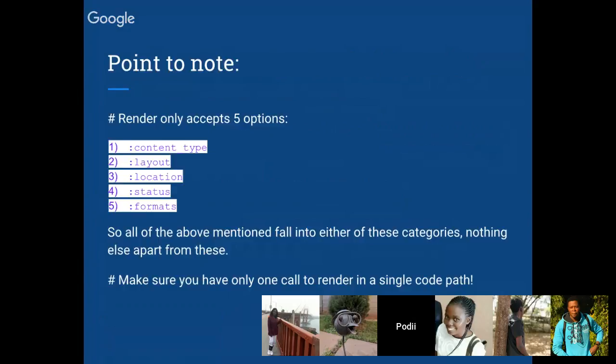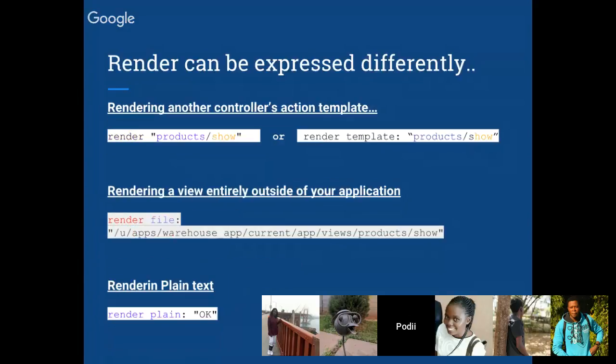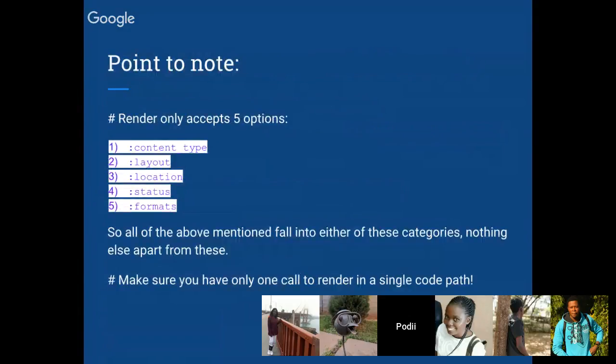Such options are the ones we've been discussing here, either HTML, JSON, or the layout or the location, like the URL. They only have to fall under these 5 categories. So when you render something, it has to fall under these 5 categories, nothing else apart from this.